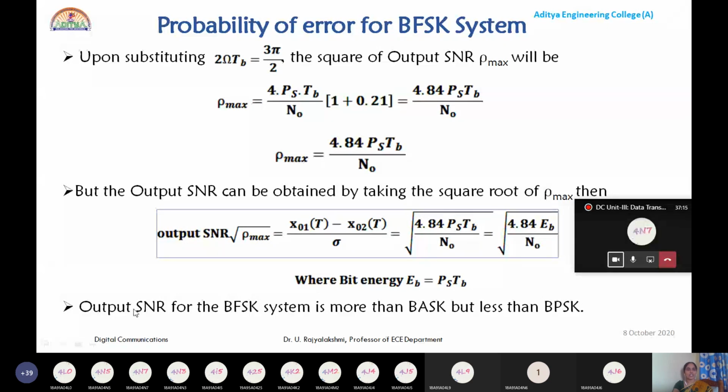I concluded that output SNR for BFSK is more than BASK but less than BPSK. We have increased BFSK output SNR over BASK, but it is still less than binary PSK.